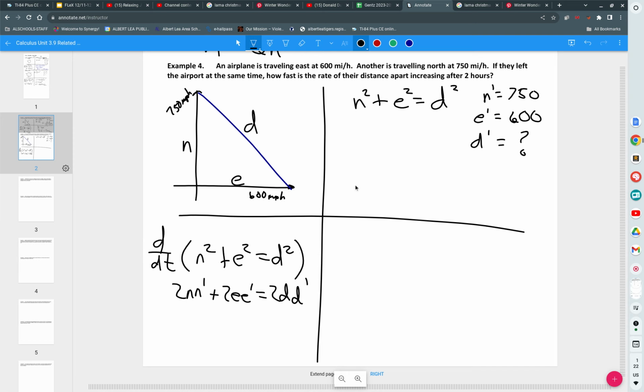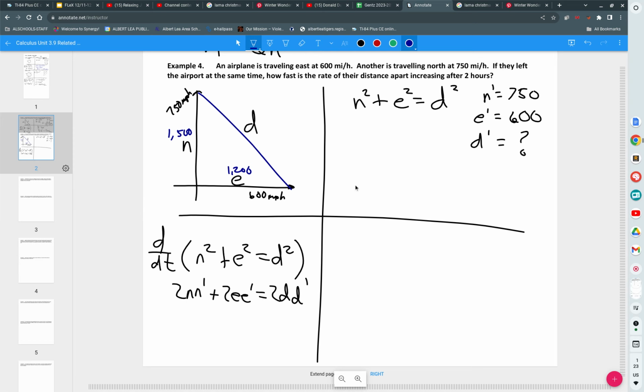Like we have something to plug in for n prime, and we have something to plug in for e prime, but we need to know n and e. Those are rates, those aren't distances. How am I going to figure out how far it's traveled to the east? It's over 2 hours, so you can. Over the course of 2 hours, how far will it have traveled to the east? 1,200. How far will it have traveled north? 1,500.